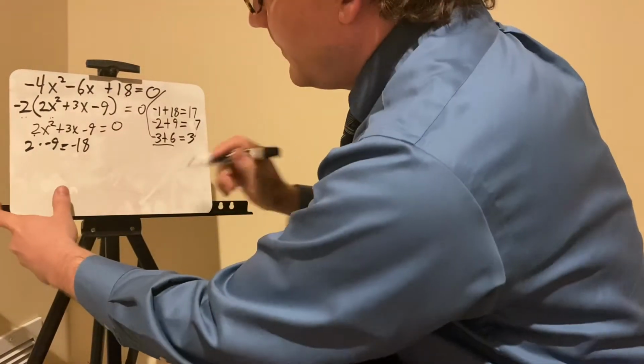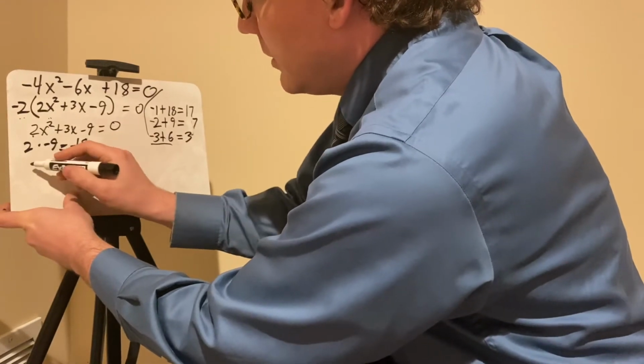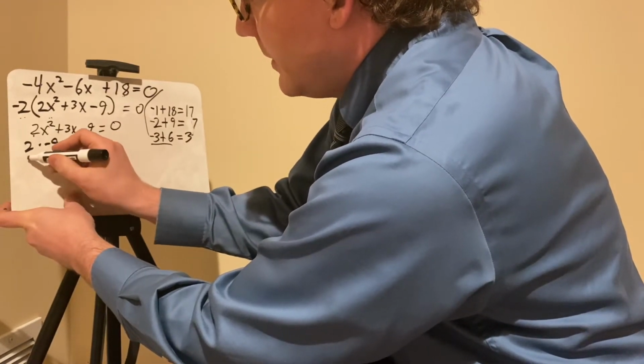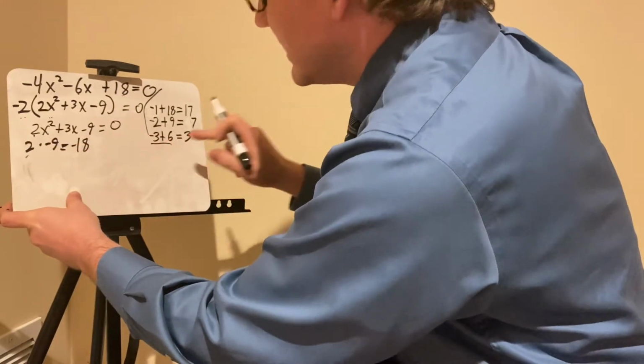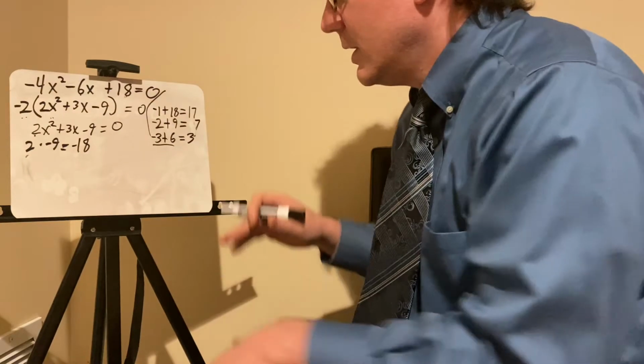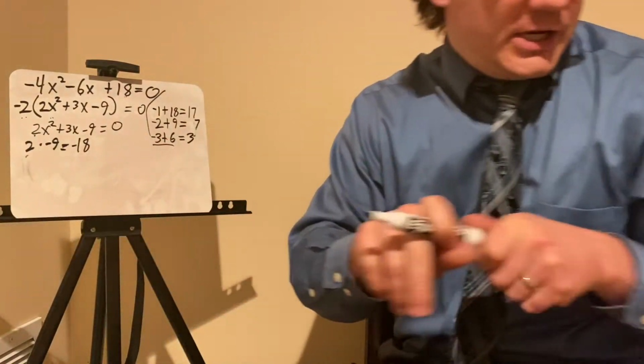What I do now is set this up and pull out factors like I did for the other one. So let's go through that process. I'll change colors here.